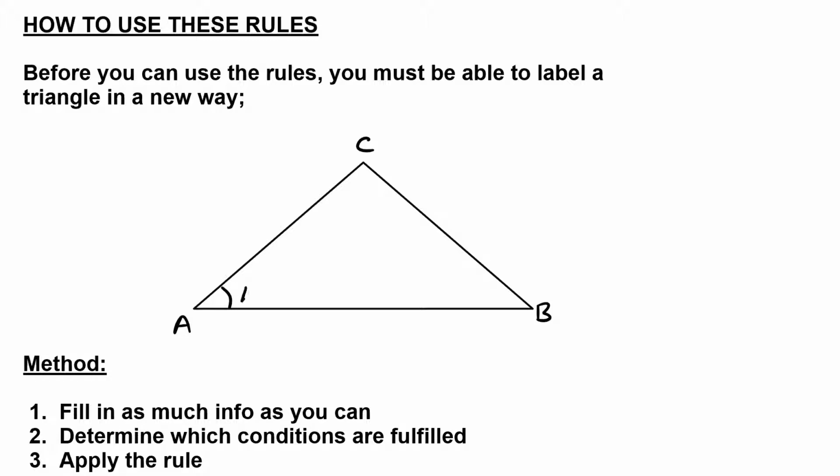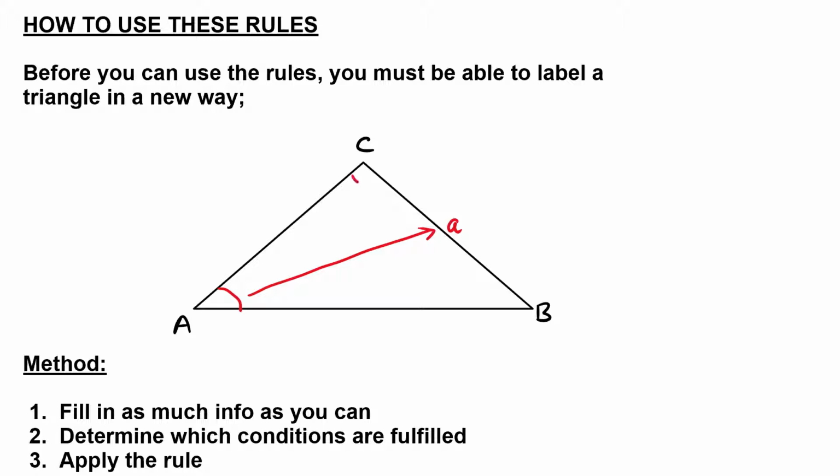So that angle there would be angle A, that would be angle B, and that would be angle C. So the convention that we use here is that angles are measured with a capital letter, and then when measuring the sides, we use a lowercase letter of the angle that is opposite that side. So if you have a look at the angle A over there, and you went opposite to it, you would label that side with a lowercase a.